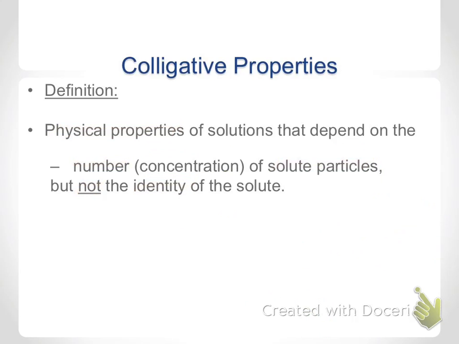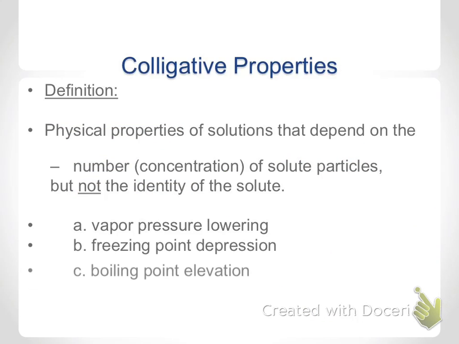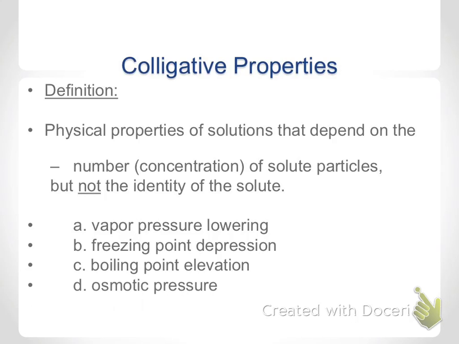It's a colligative property because it depends not on what it is, but how many solute particles are in solution. Here are the 4 colligative properties that we're going to talk about: vapor pressure lowering, freezing point depression, boiling point elevation, and osmotic pressure. You don't have to write these down right now, because we're going to talk about each one at a time.